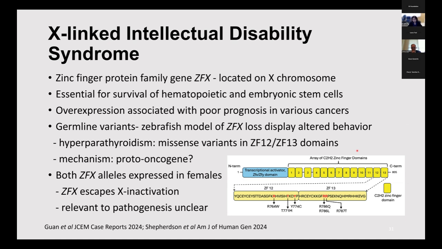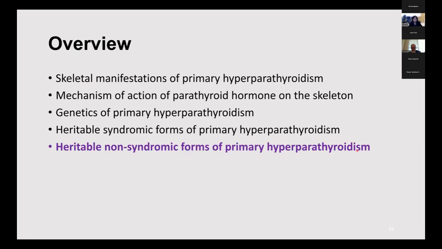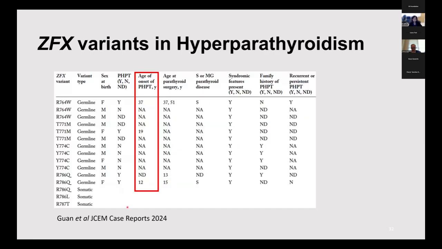We don't know the relevance of this skewed inactivation of X towards the pathogenesis of parathyroid tumors, but more to come. This is really the clinical phenotype of these patients with ZFX-related primary hyperparathyroidism. What I want to point to your attention is that these patients can present really early, even at age 12.